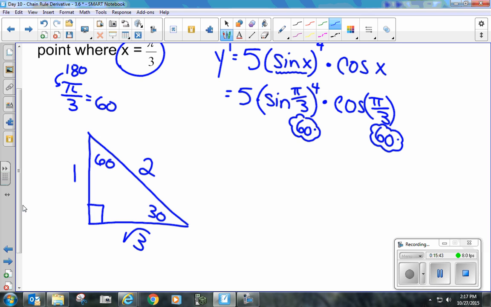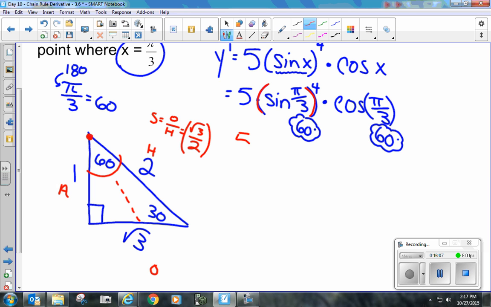All right, well, here's 60 degrees. This is the hypotenuse. This is opposite. This is adjacent. All right? So sine is opposite over hypotenuse, which would be radical 3 over 2. This is the value of the sine of pi over 3.